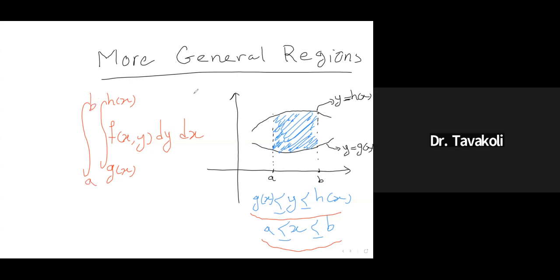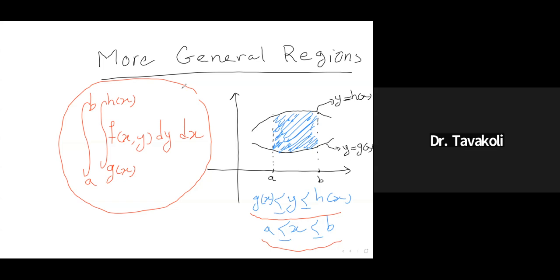And at the end, when we do this integral, we should come up with a number. As you know, for the case that the surface of the function is above the xy plane, that number gives us the volume of the solid, which is trapped from above by the function f of x and y and from below by the region which is in the xy plane. So that's how we set up the double integral.